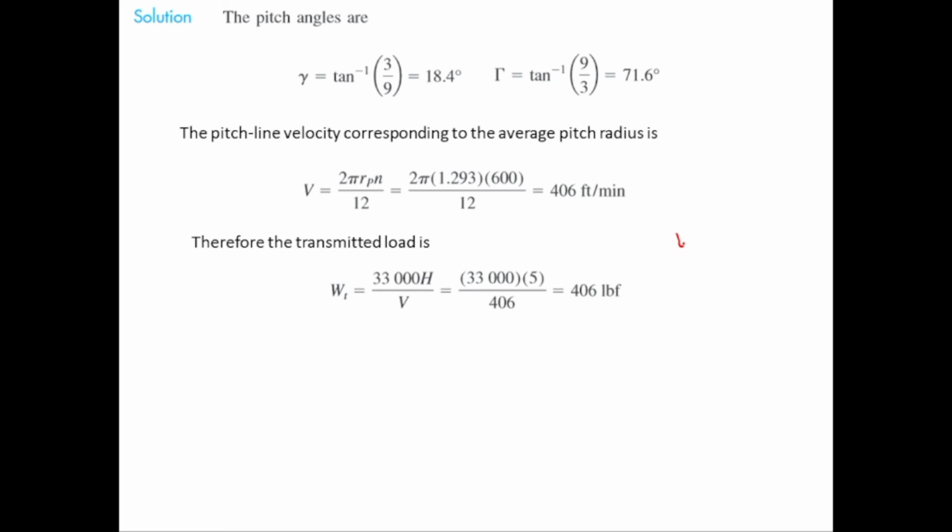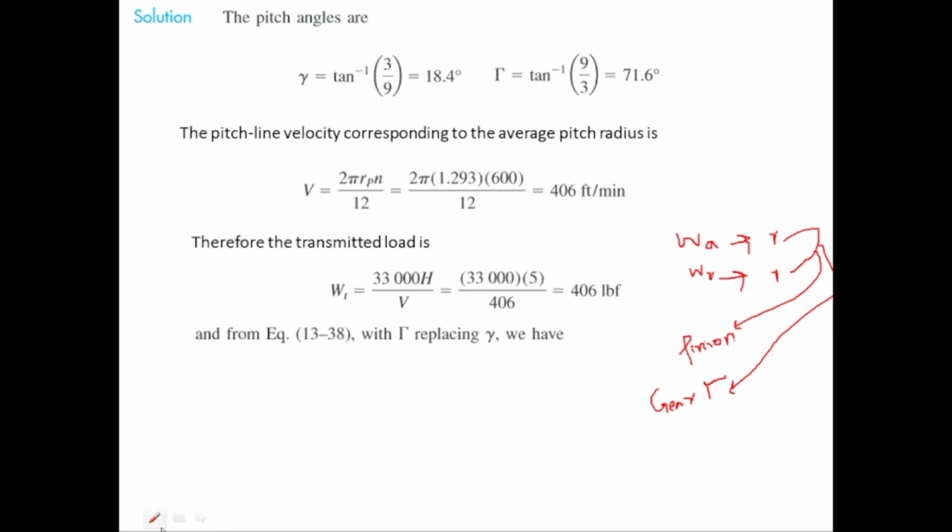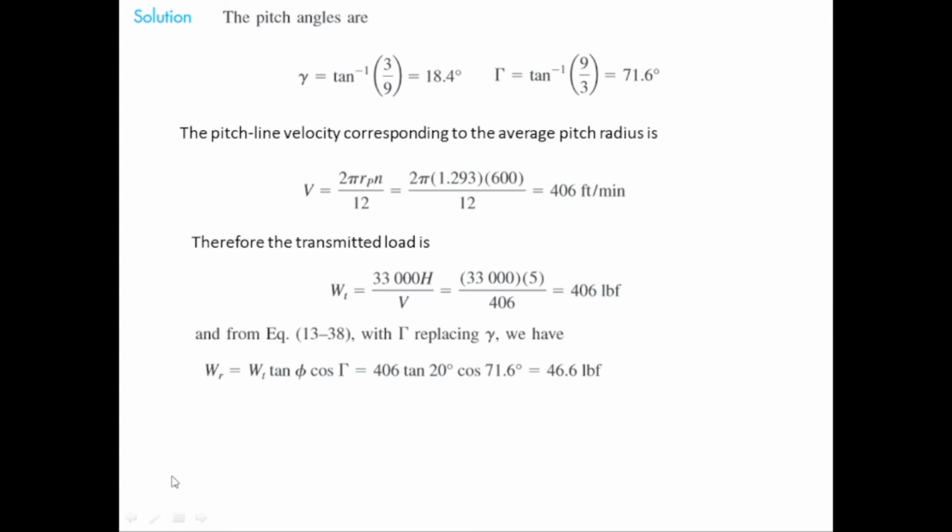Previously we derived formulas for Wa and Wr, but those forces were on the pinion. Now as we are about to find these forces for the gear, replace the angle gamma by capital gamma. So Wr equals Wt tangent phi cos capital gamma.